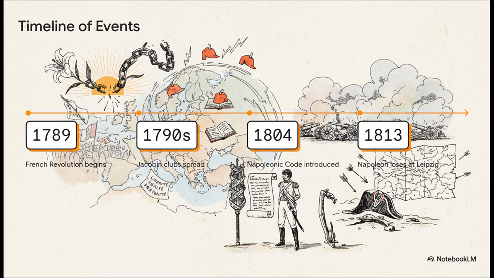Moving into the 1790s, the whole idea of the nation starts spreading, and Jacobin clubs pop up all across Europe, eagerly anticipating liberation. Fast forward to 1804, the Napoleonic Civil Code is introduced, heavily streamlining administration, but at the cost of political freedoms. And finally, in 1813, the tide completely turns as Napoleon loses the Battle of Leipzig, which really signals the beginning of the end for his massive empire.